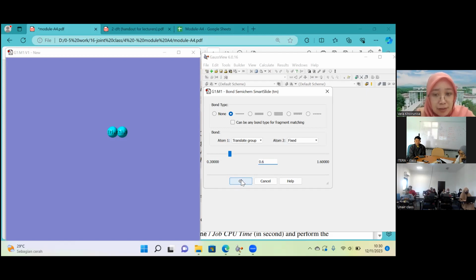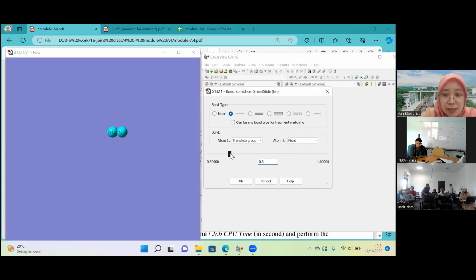So we just try first like 0.6 or maybe 0.3 because we don't know yet which distance is the closest possible that we can use to make the geometry optimization calculations. Okay.